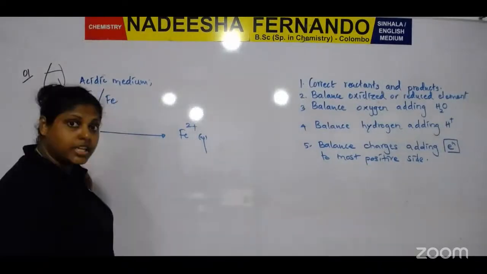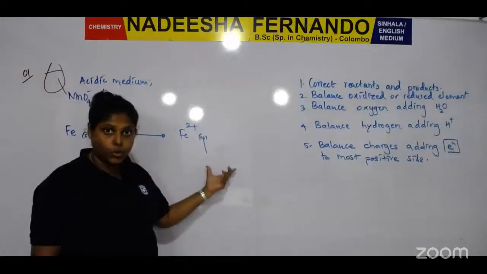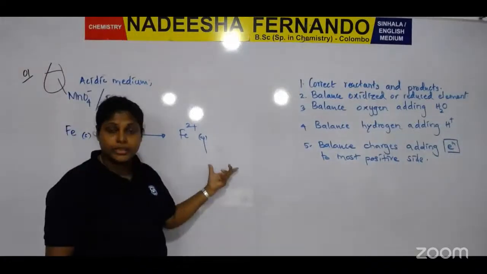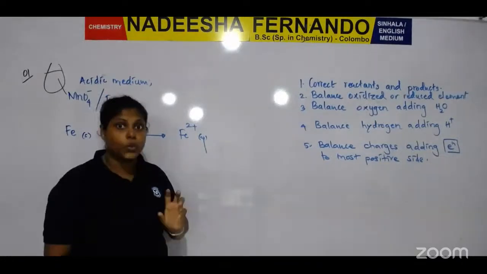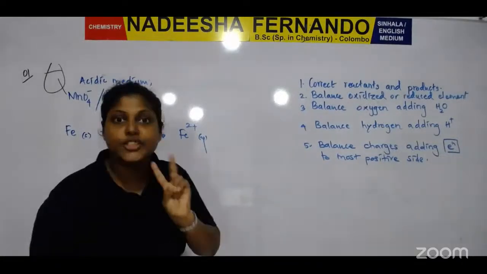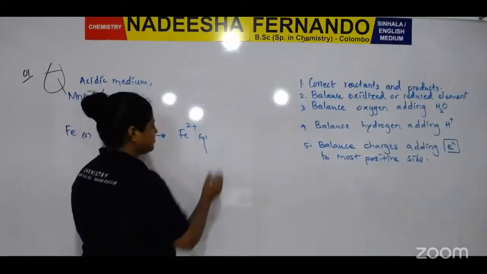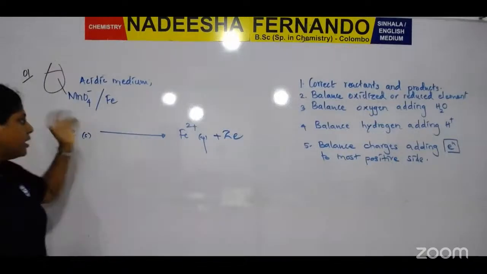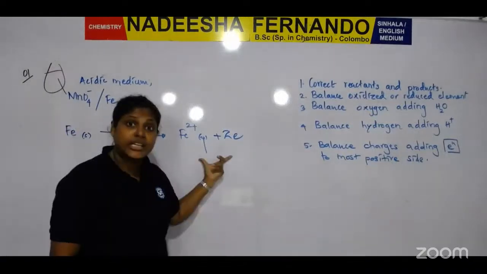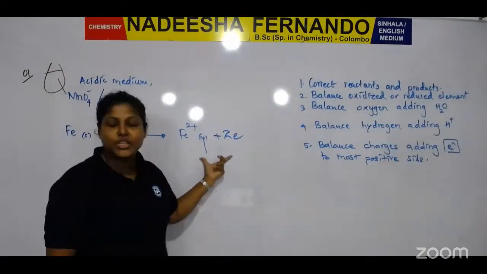Therefore, we need to turn the total charge on the product side to 0. So we should add 2 electrons. Here 0 charge, +2 minus 2 electrons is also 0.